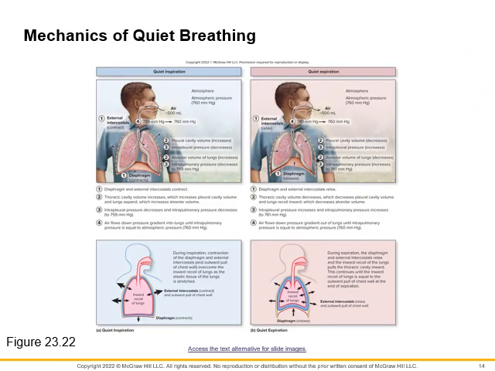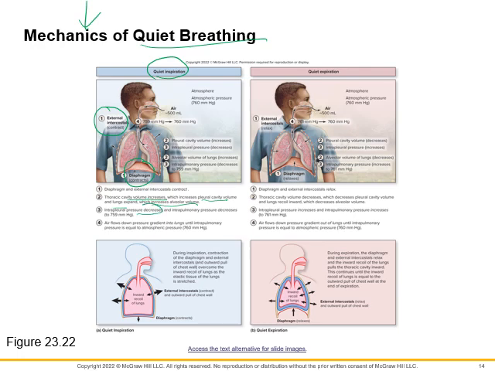We should be able to follow along now with the mechanics of breathing, and specifically this is breathing at rest. You can see this one we're doing inspiration. So the external intercostals contract, the diaphragm contracts, the thoracic cavity volume increases. The pleural cavity volume expands, and we see the alveolar volume expand.